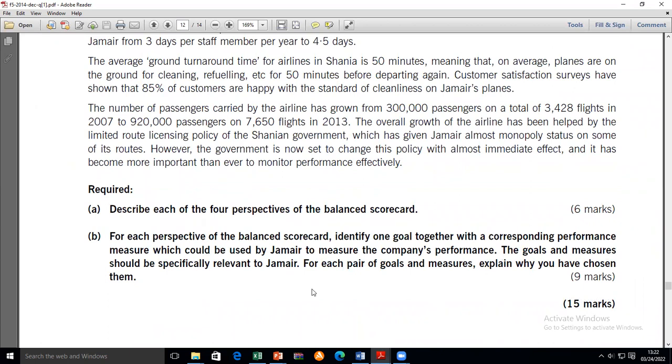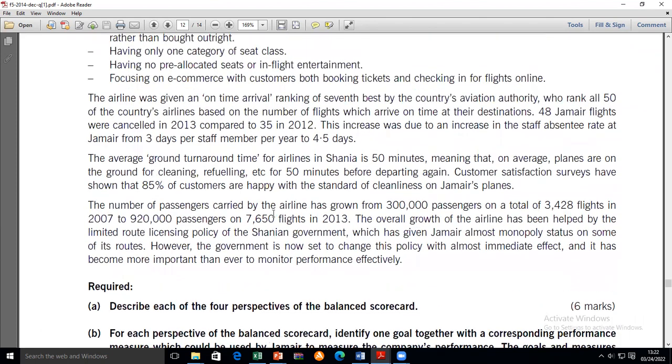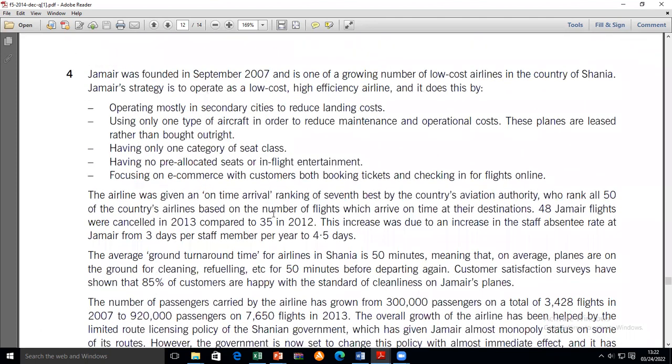The goal and measures should be specifically relevant to the company. For each pair of goals and measures, explain why you have chosen them.